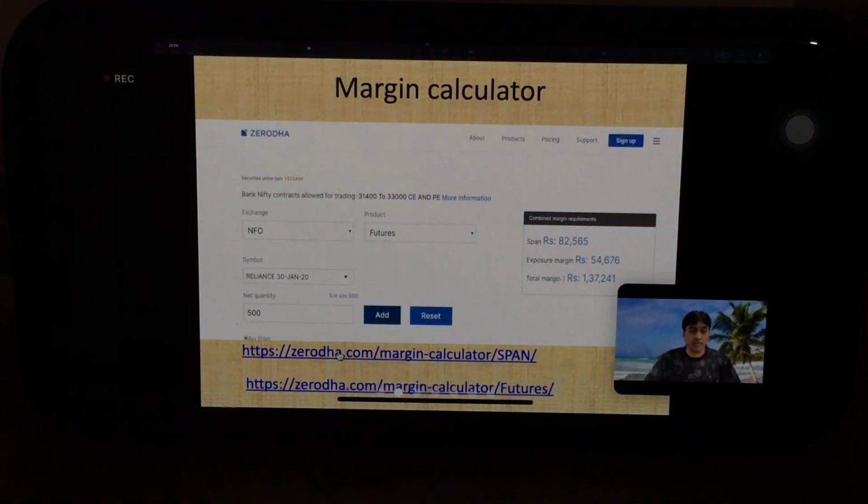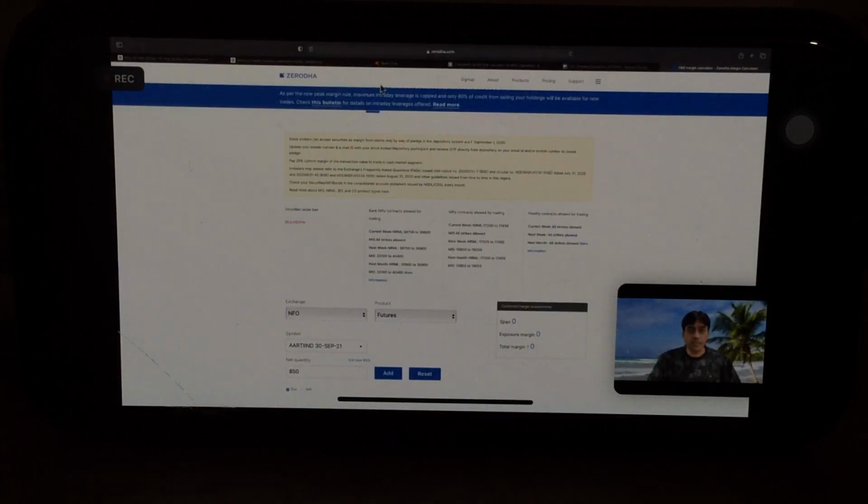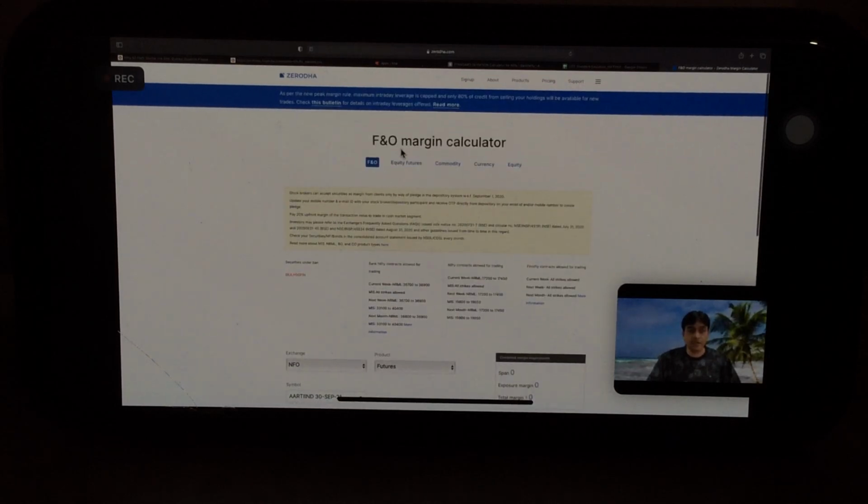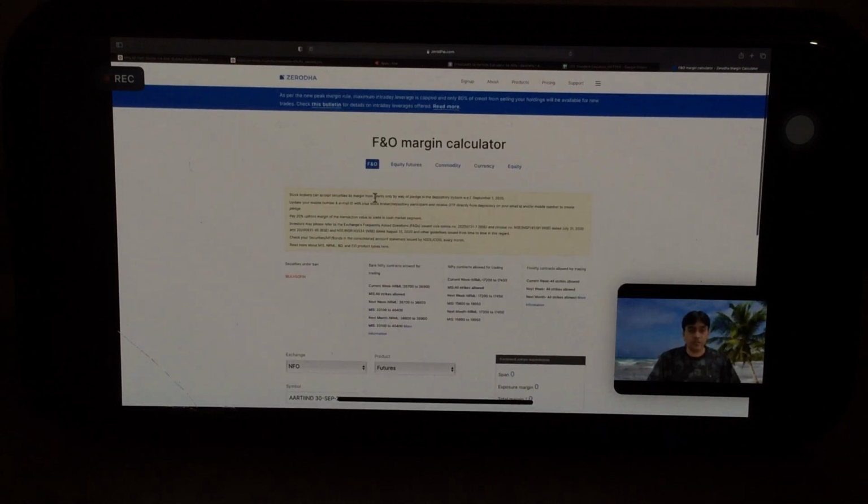So margin calculator, you can have this Zerodha margin calculator. Here you can see F&O. Even if you put in Google Zerodha margin calculator, this page will open. Okay, F&O, futures and options.